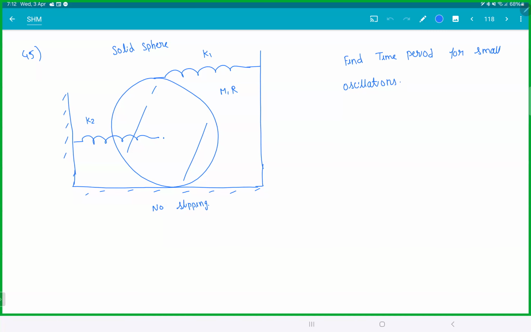What is step one? Displaced by small x or theta here. You will see how many terms will come. The force method looks more intuitive. Energy works, nothing wrong with it, because every time we take the change, life becomes easy.